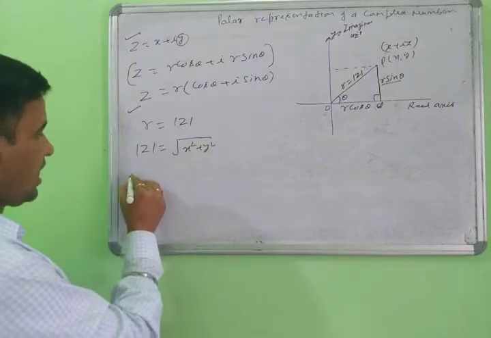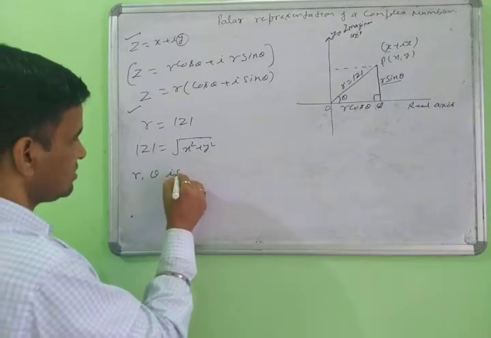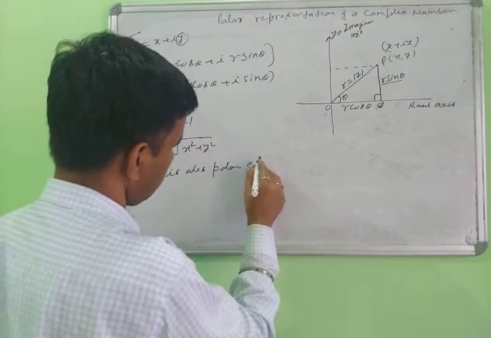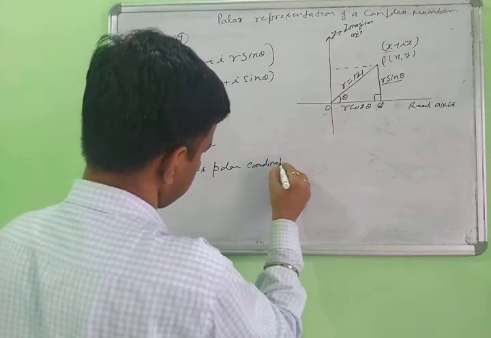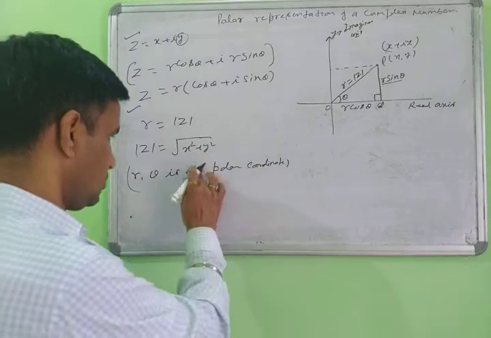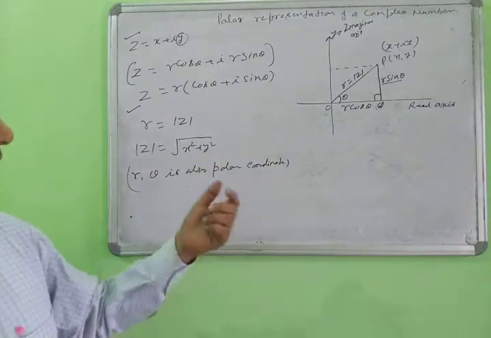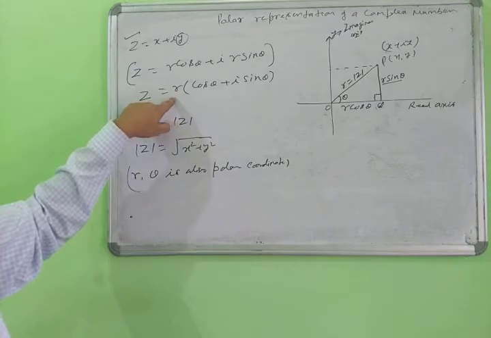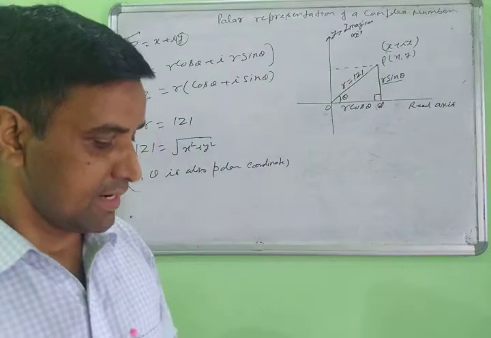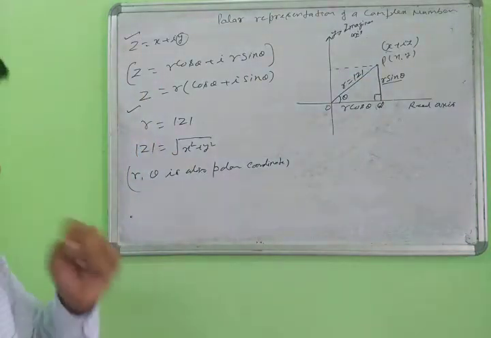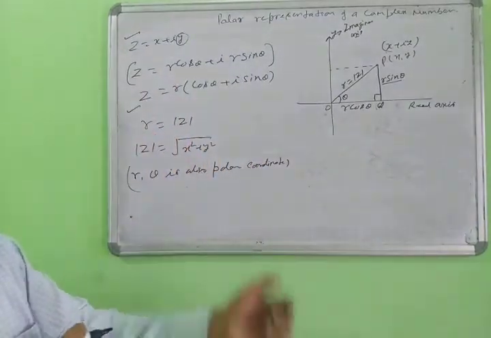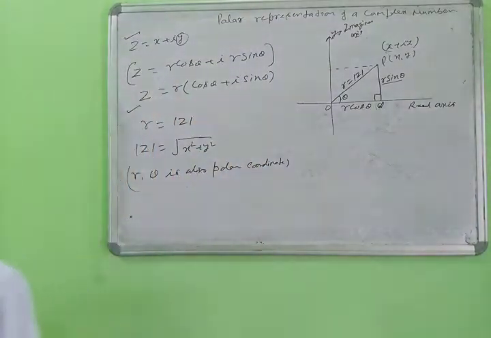It means you can say r and theta are also polar coordinates, so theta and r give the second way of approaching the point P. Next point: how many degrees is this theta, what is the value of theta here? First we note it down, then discuss it in the second point.